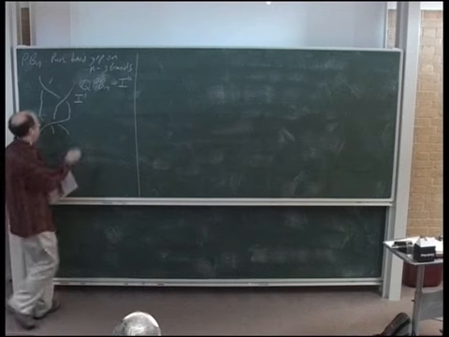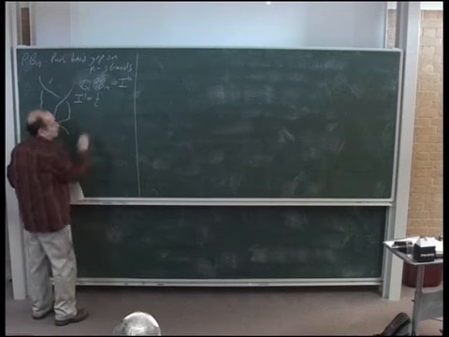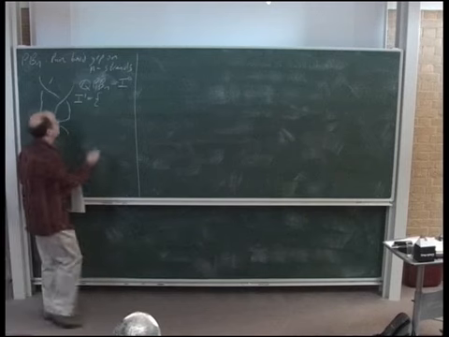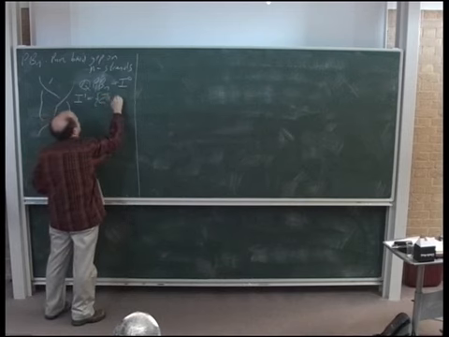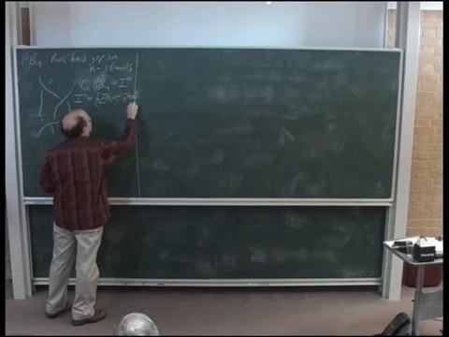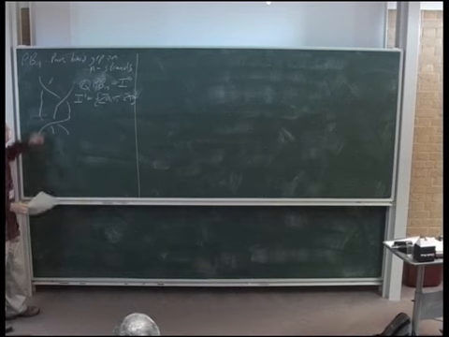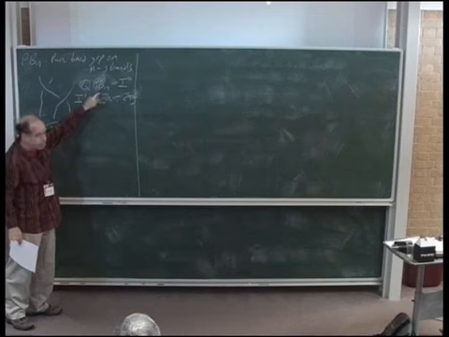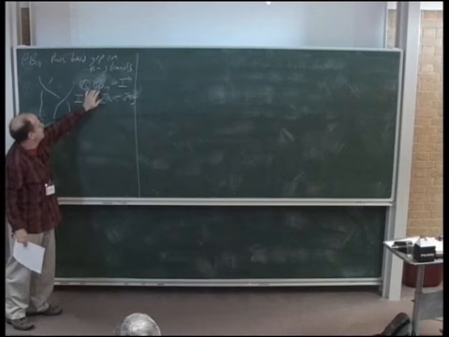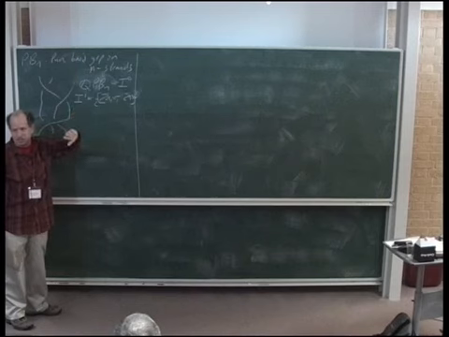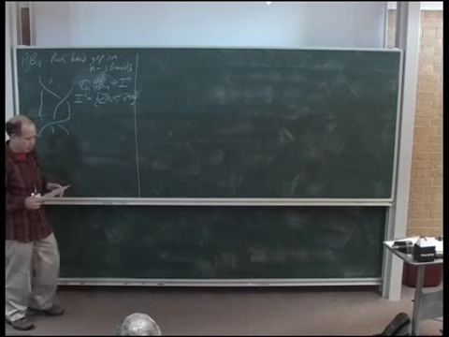And the augmentation ideal is simply the collection of all linear combinations whose sum of coefficients is equal to 0. So it's the collection of all sum a_i sigma_i such that the sum of the a_i's is equal to 0. Alternatively, it's the ideal in the group ring generated by differences, one braid minus another one.